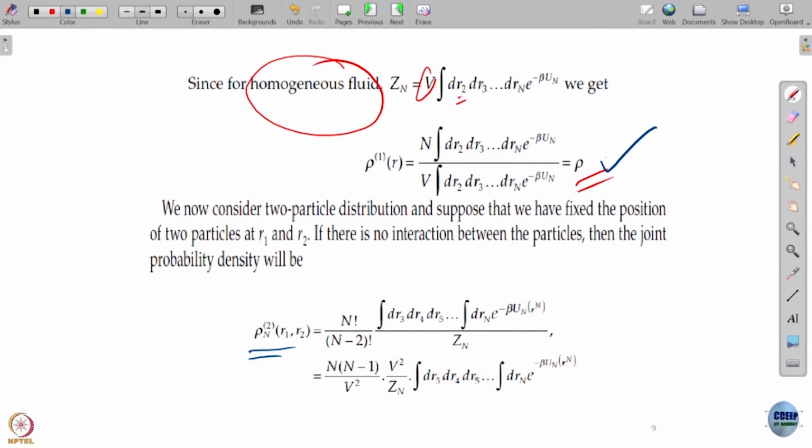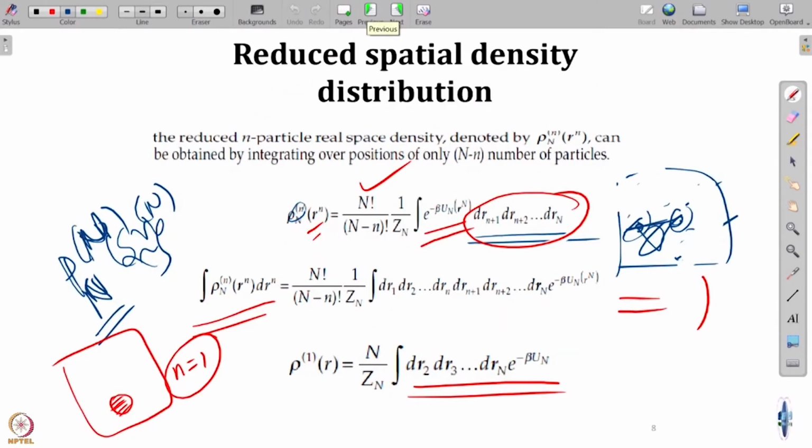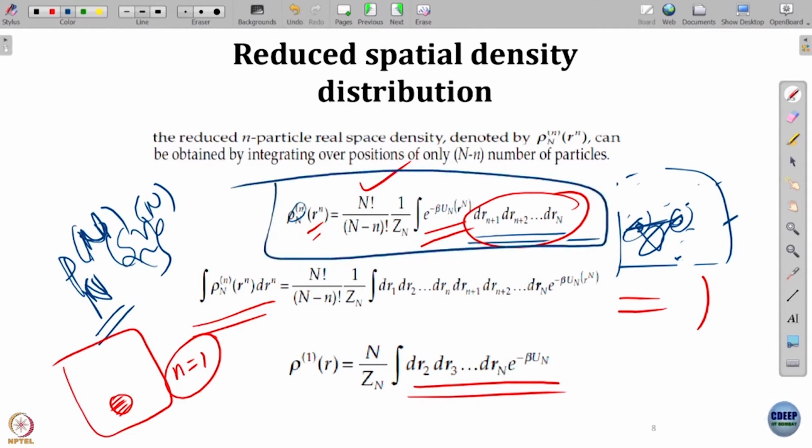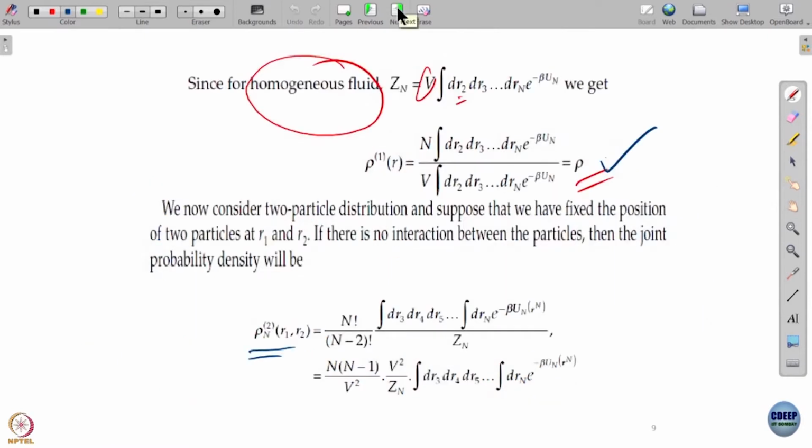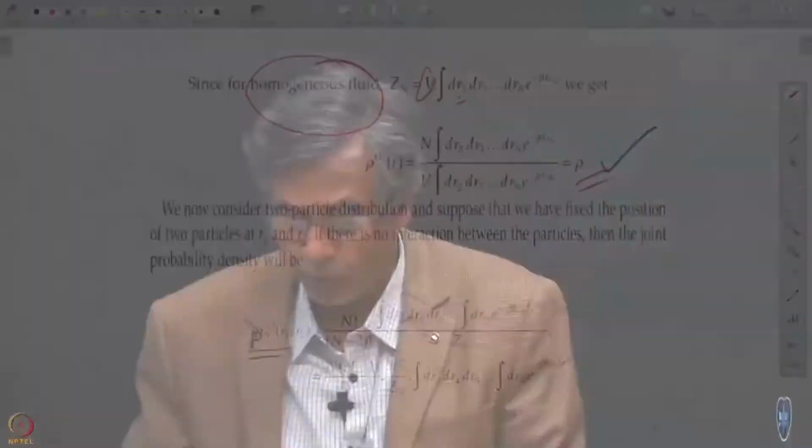That then will be in the n particle distribution, which is defined here, n factorial over (n minus 2) factorial of this quantity, and then I get the two particle P2(R1, R2). I am a little bit uncomfortable with both R1 and R2, because at the end of the day in a homogeneous liquid it is only the distance between them. Both R1 and R2 are not needed.